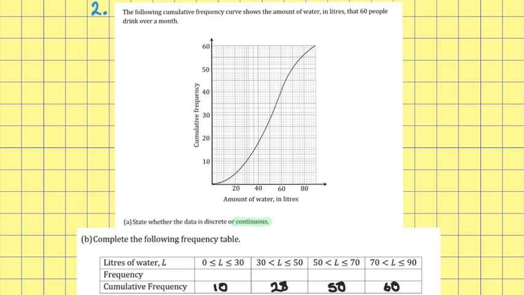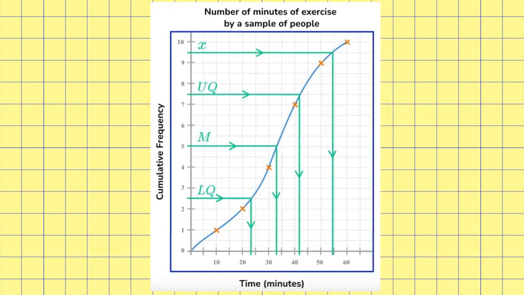So that means the frequencies must be 10. Well, 10 plus 18 gives me 28. 28 plus 22 gives me 50. And 50 plus 10 gives me 60. Now I have completed my frequency table.